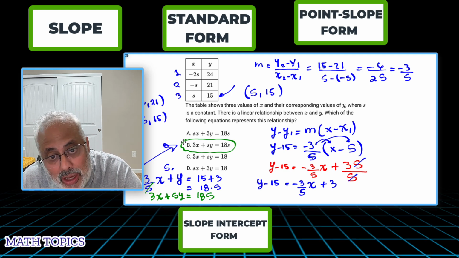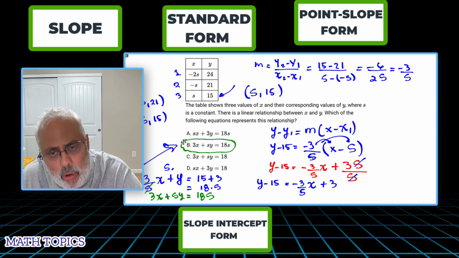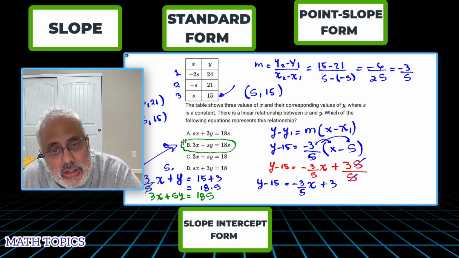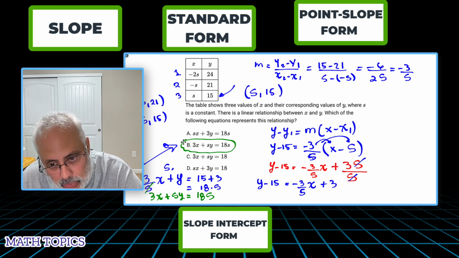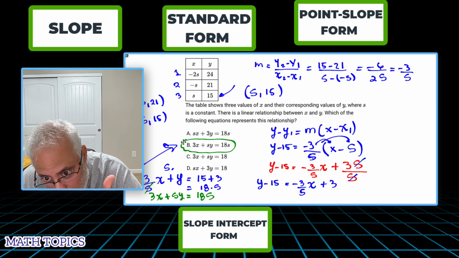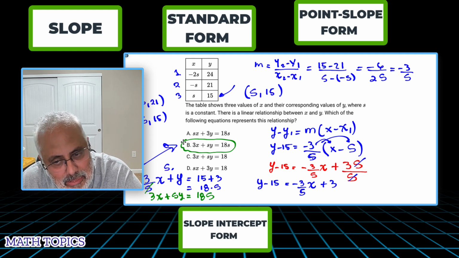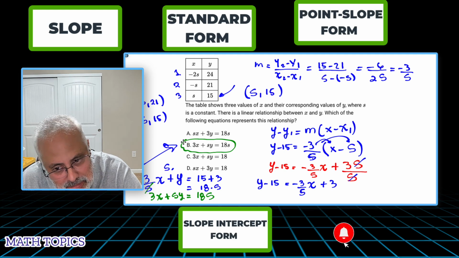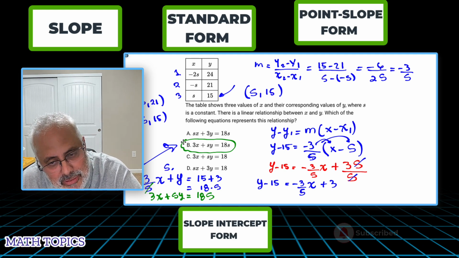Then you pick the equation that you want to create, slope-intercept form or point-slope form, and the rest is algebra massage. Be careful because you have an s, and it's on purpose because they know that many kids are going to get confused with s and the 5.